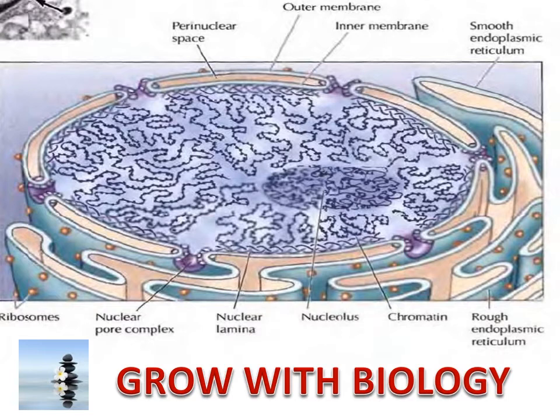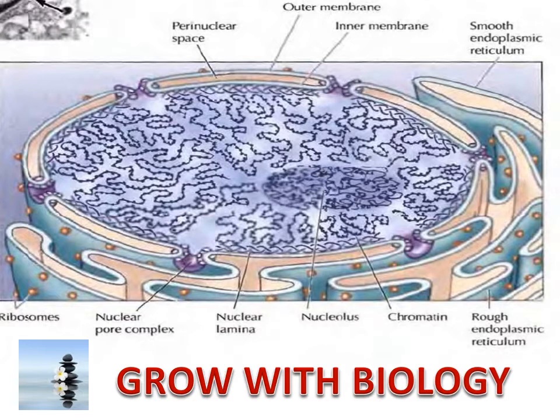With the outer membrane of the nucleus, there is continuation of the smooth endoplasmic reticulum. So the outer membrane is in continuation with the smooth endoplasmic reticulum or the rough endoplasmic reticulum. Inside the nucleus, there is a nucleoplasm, which has specific regions such as the nucleolus.